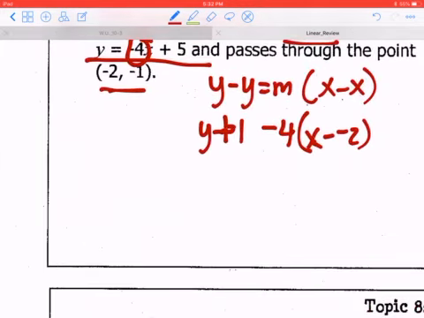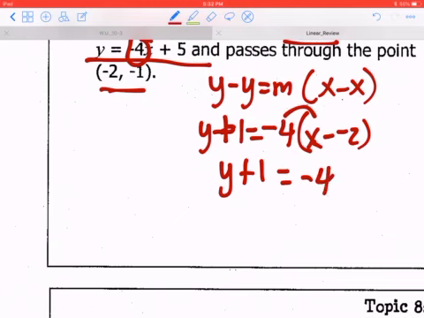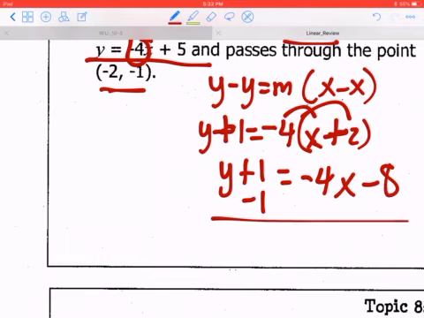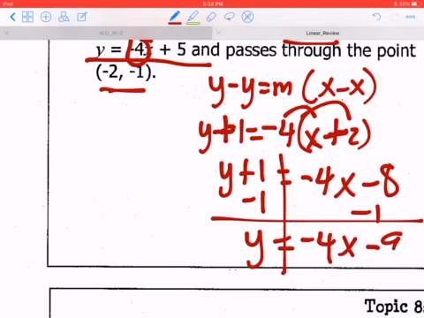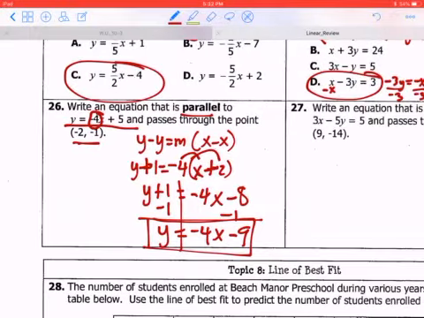This is going to be plus, so y plus 1 equals, we distribute that, negative 4x. This is going to be plus, and then we distribute. It's going to be negative 8. Then we subtract the 1. So y equals negative 4x minus 9 is the equation of the line that is parallel to the original one.